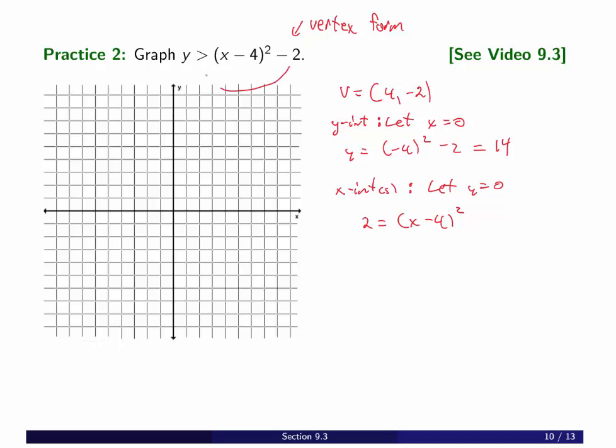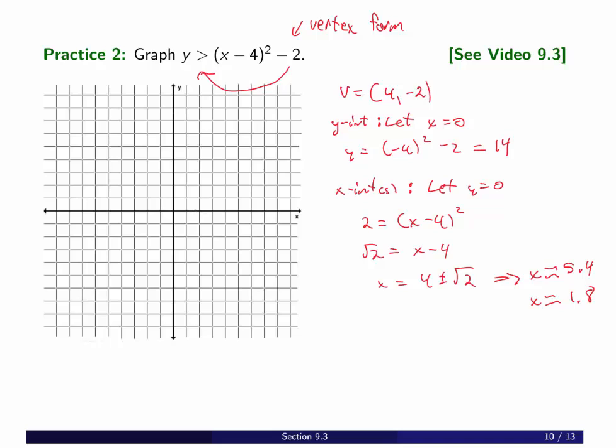Sorry, I moved this 2 all the way over when I made it 0. Then when you square root, you get plus or minus root 2 equals x minus 4. So x equals 4 plus or minus root 2, which translates to x is approximately 5.4 and x is approximately 1.8.